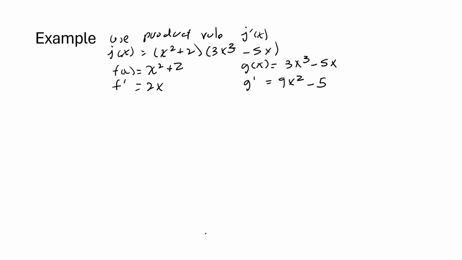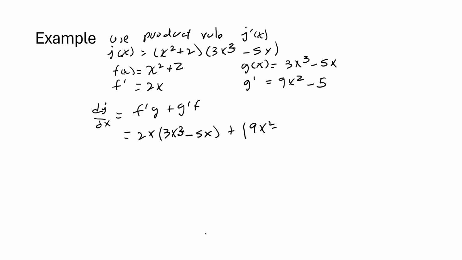So now using our product rule, dj dx is equal to f prime g plus g prime f. So f prime is 2x, g is 3x cubed minus 5x. Now g prime is equal to 9x squared minus 5, and f is equal to x squared plus 5.